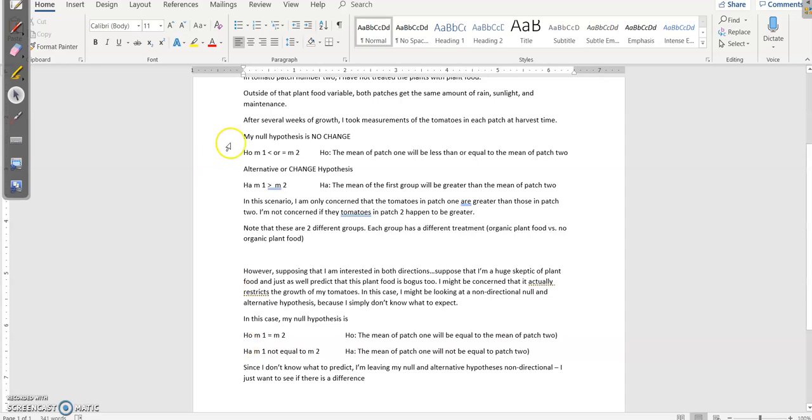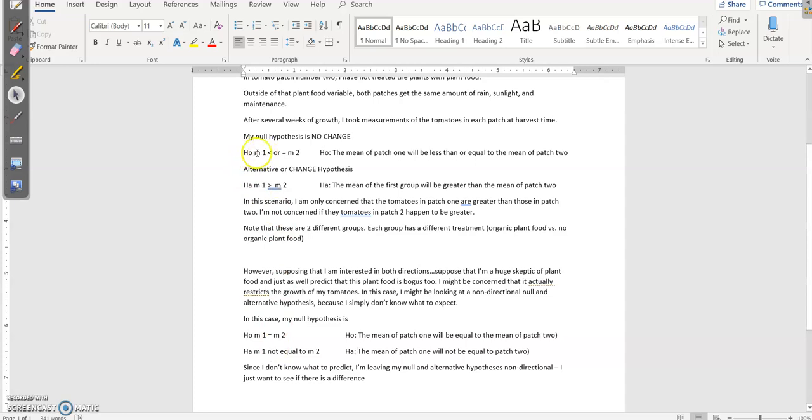Both of these can be useful, but one of the things that is kind of important when we start to think about the actual statistics part of it, when we start to think about bringing in the numbers, is that this ends up being a one-tailed test when we do our t-test, which is a little bit more stringent. This ends up being a two-tailed test, which is a little less stringent.